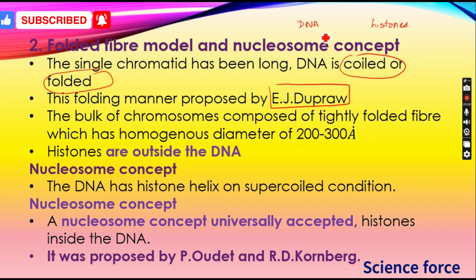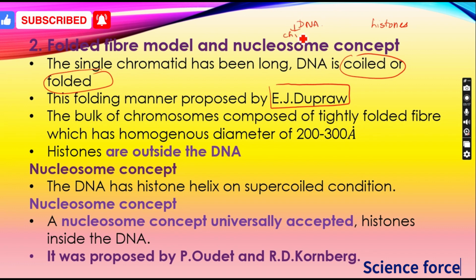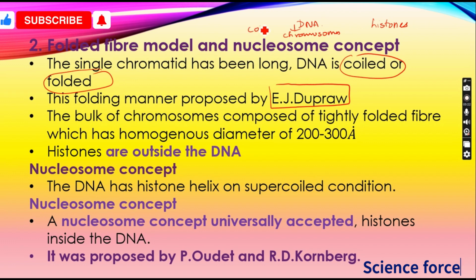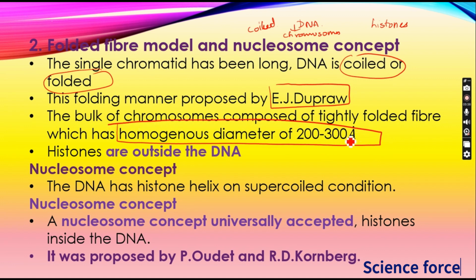He didn't propose how it is coiled, but he said the DNA is coiled into the chromosome, and that this coiling makes a homogeneous diameter of 200 to 300 angstrom.